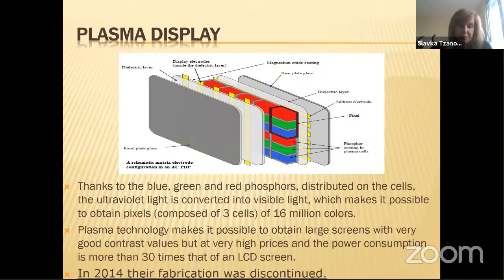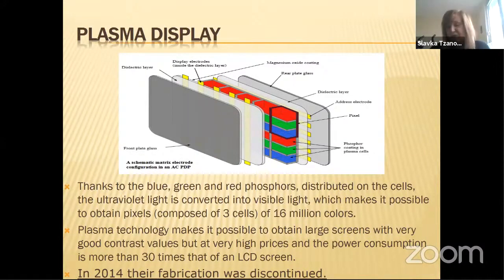The advantage of the plasma display was that the technology made it possible to obtain very big, large screens with very good contrast. But they were very expensive, and the power consumption was very high, more than 30 times more than that of the LCD.